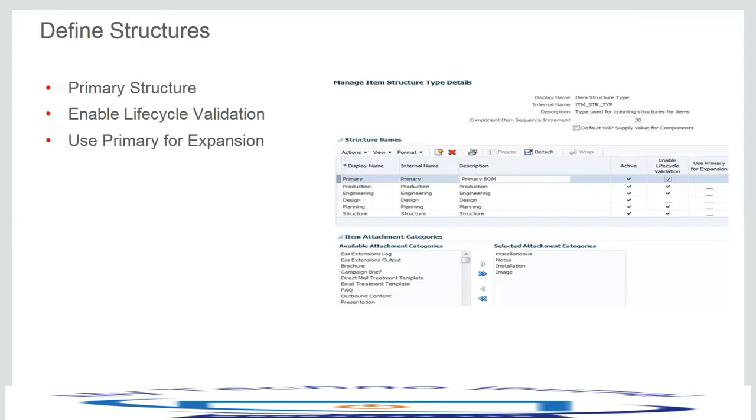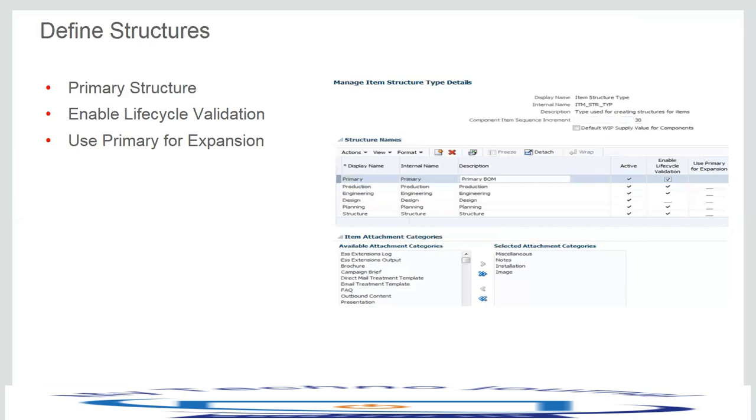For each business purpose, just to take the example which we have taken earlier, engineering, planning, etc., we could create a separate structure. And we can create it by executing the manage item structure type details task, as you could see on this particular screenshot.